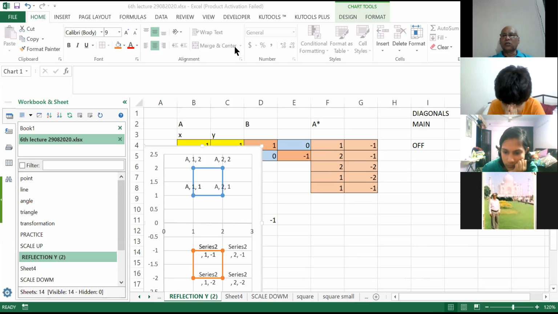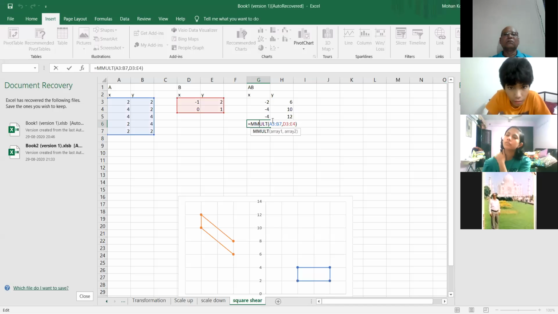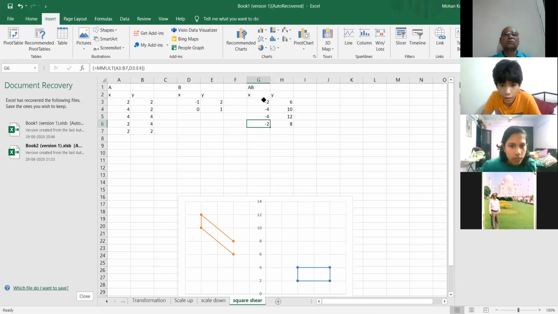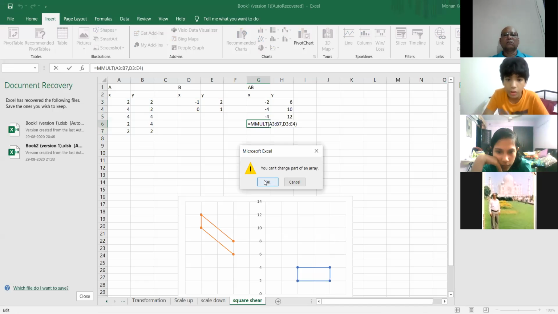Now you are a host. Sir, when I run this, it's only giving four rows while I've selected it here, and then it just says you can't change part of an array.